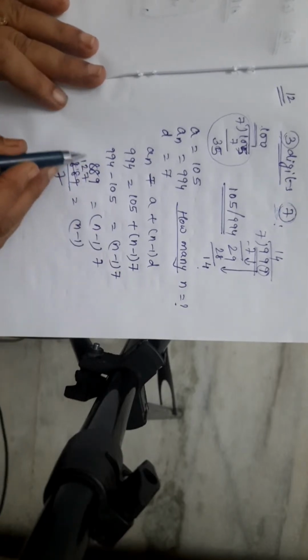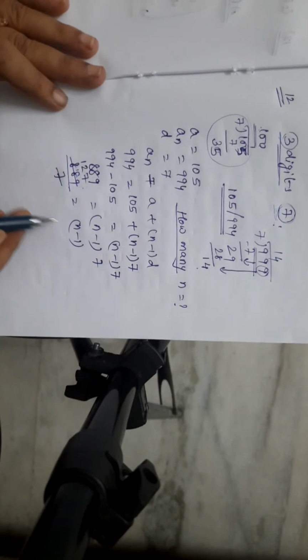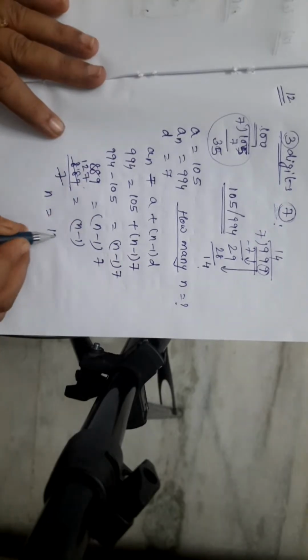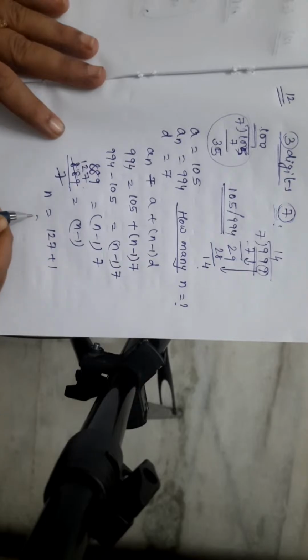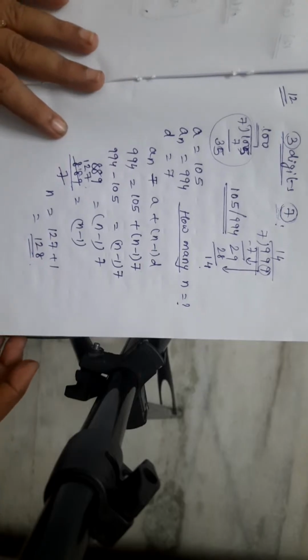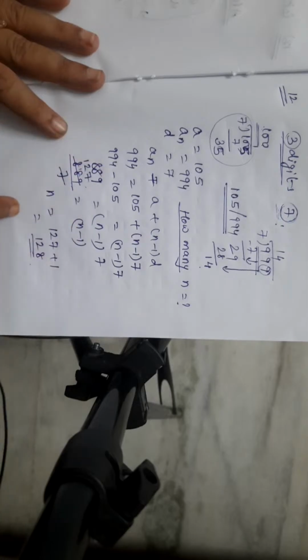After getting the value of n minus 1, we can find n as this 1 will be shifting towards the left. So it's 127 plus 1, thus it is 128. Recall what the question was: how many 3-digit numbers are there which can be divided by 7?